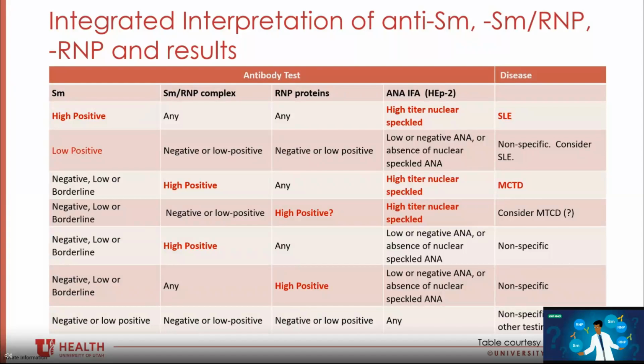Based on our current knowledge, a high positive result for RNP-specific proteins in the absence of high positive Smith RNP antibodies, but with a high positive speckled ANA titer, should lead one to consider mixed connective tissue disease. But a high positive result for RNP-specific proteins in the absence of a high titered speckled ANA is not considered consistent with a diagnosis of mixed connective tissue disease.